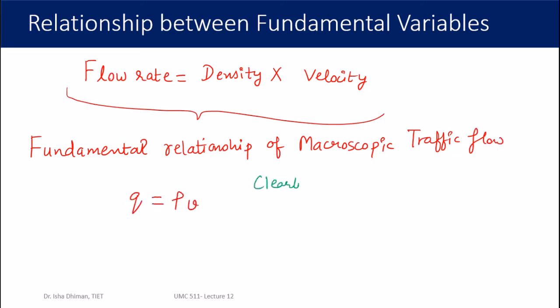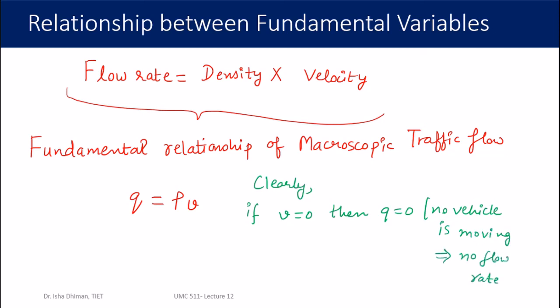Q is rho V. So clearly if V is 0, then Q is 0. That means if no vehicle is moving, speed is 0, so obviously no flow rate. And if rho is 0, then also Q is 0. It means if there is no vehicle existing, the density is 0, so in that case also the flow rate is 0.